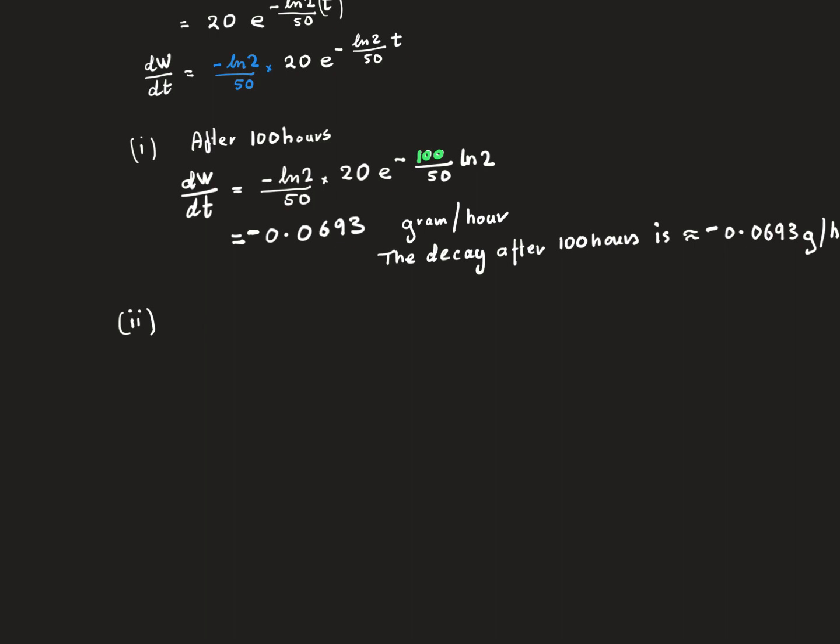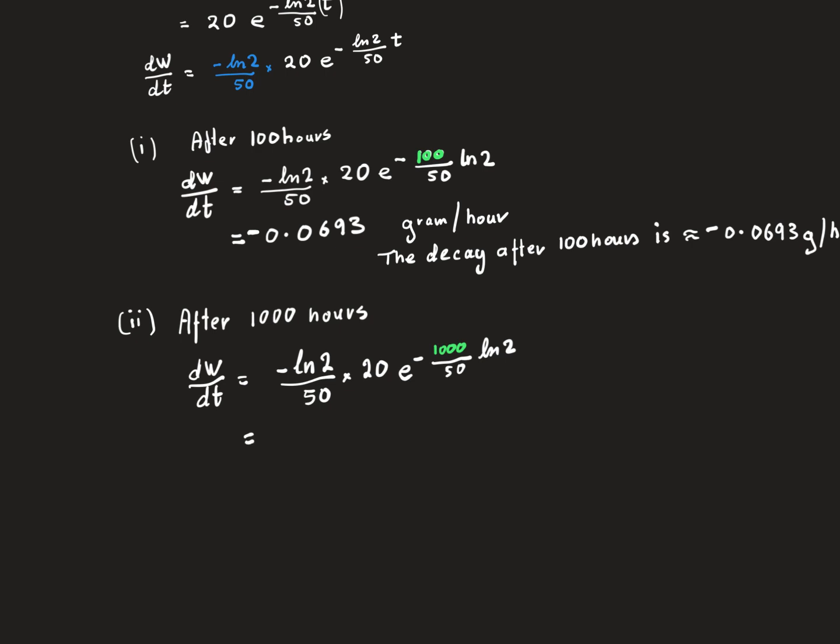After 1000 hours, dW over dt, just the same thing, insert all the values, well, for t, which is 1000, over 50 ln2, and once again, all we need to do is use the calculator to get a very tiny value of minus 2.64 times 10 to the minus 7, and it'll be grams per hour.